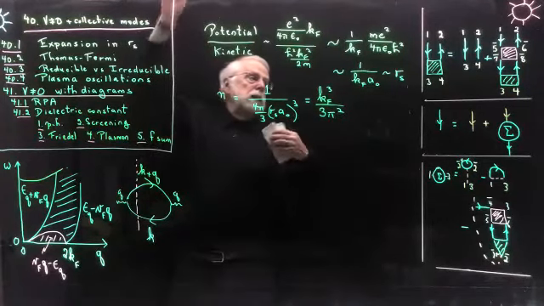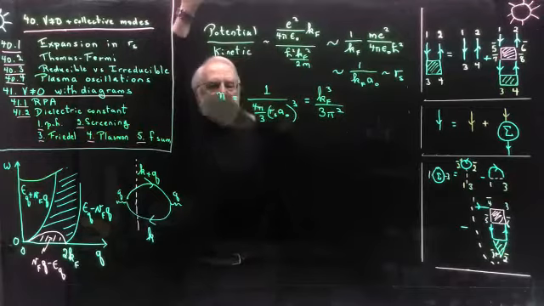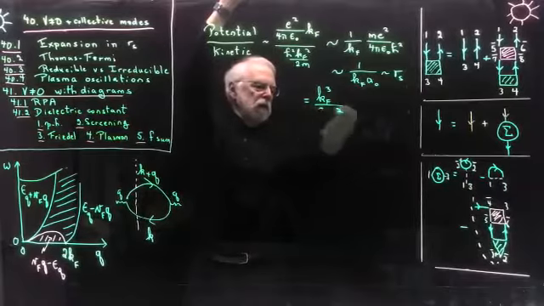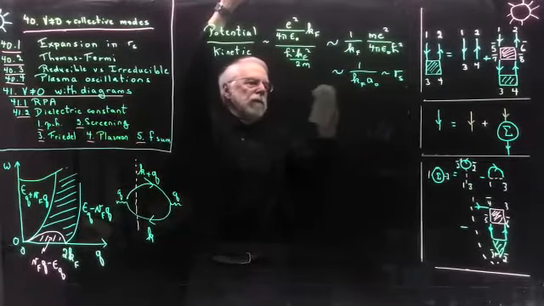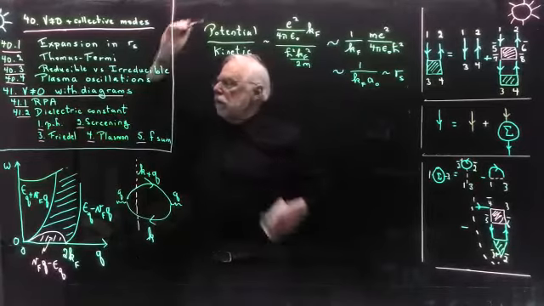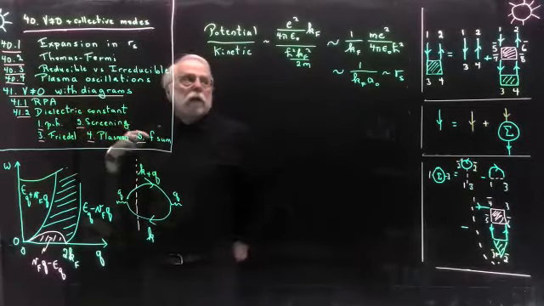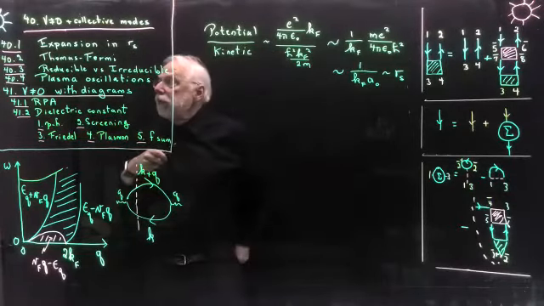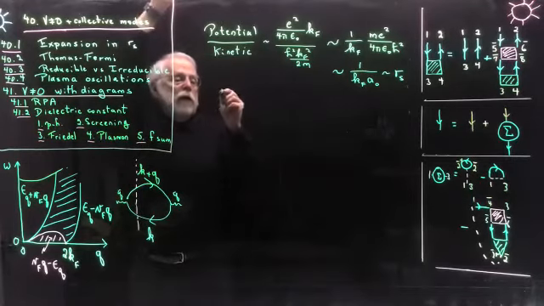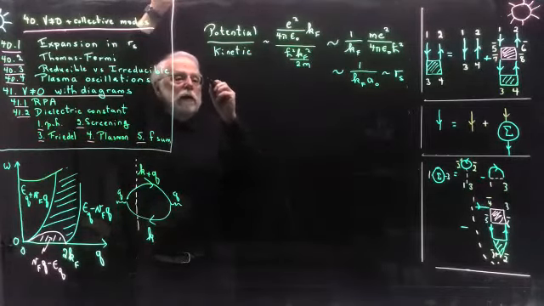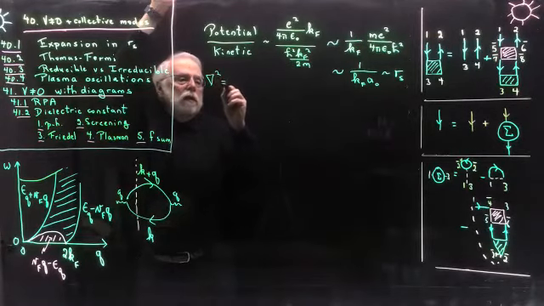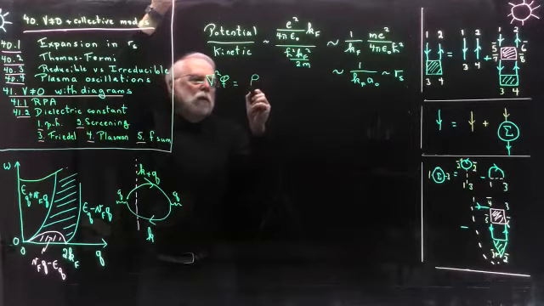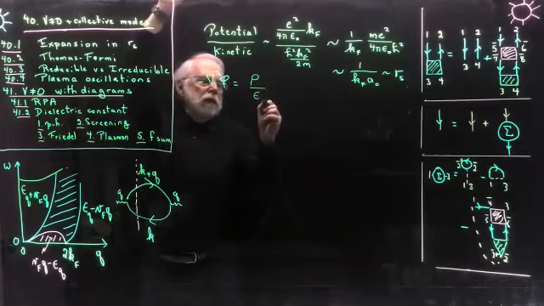Okay, so let's keep this piece and erase this piece. Now, Thomas-Fermi screening. So what is the Thomas-Fermi screening? The Fourier transform of the Poisson equation: minus grad squared phi is equal to rho over epsilon 0.